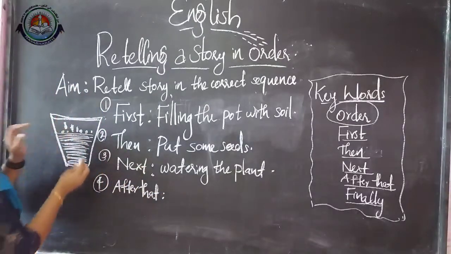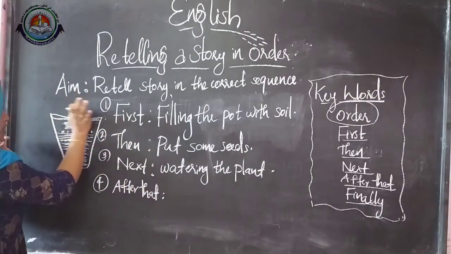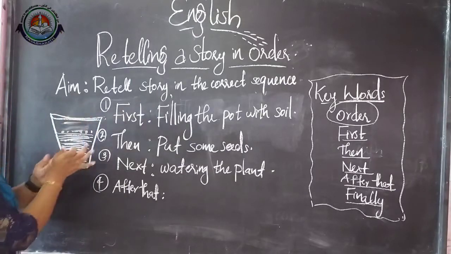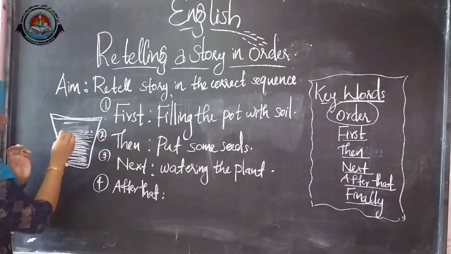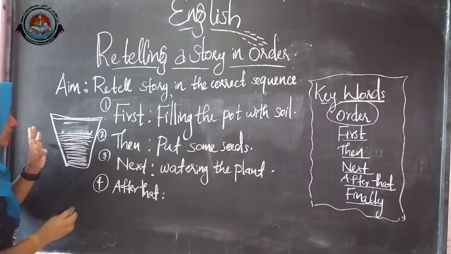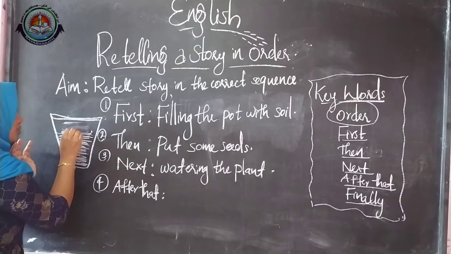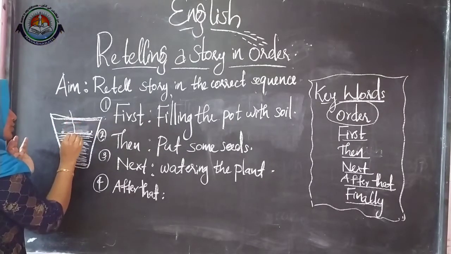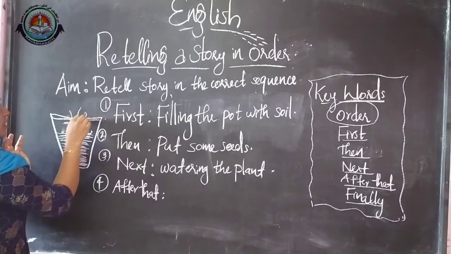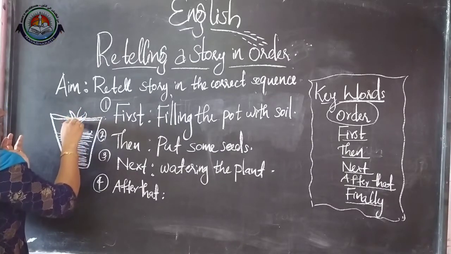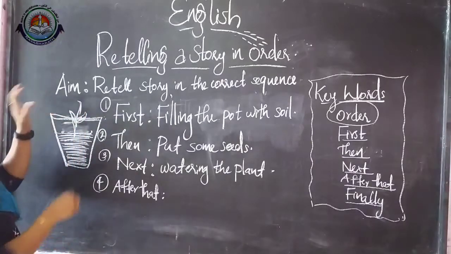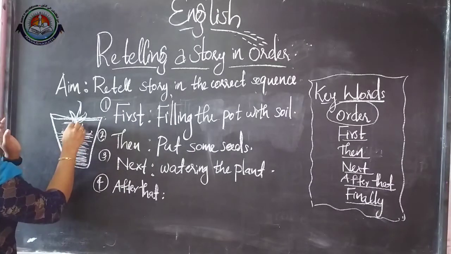Yes, the seeds will grow into a plant. After watering for some more days, the seed will change into a little plant like this. Right? This way it will change.